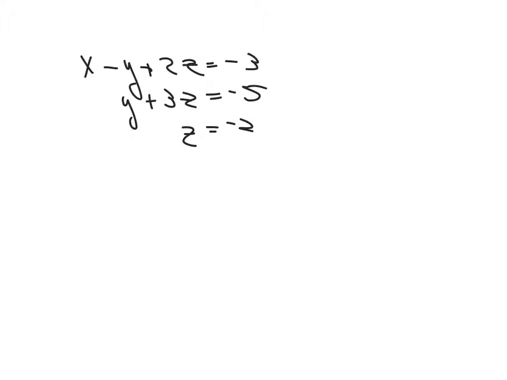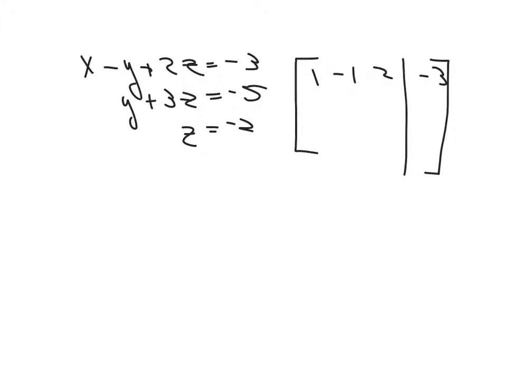Okay, so let's rewrite this as a matrix. So 1, -1, 2, -3, 0, because there isn't any numbers for the x. And we don't have an x or a y there.